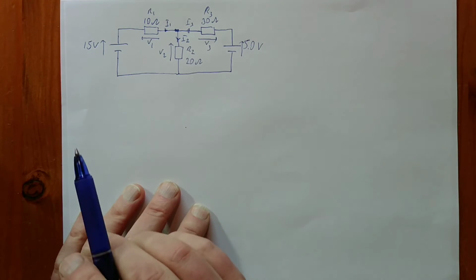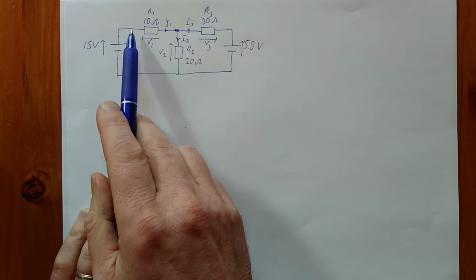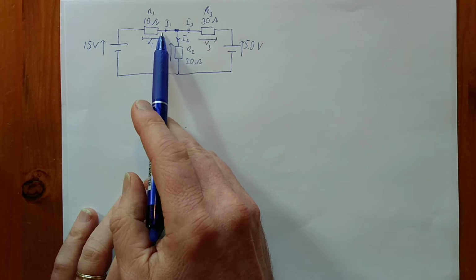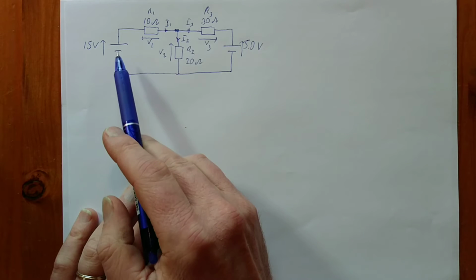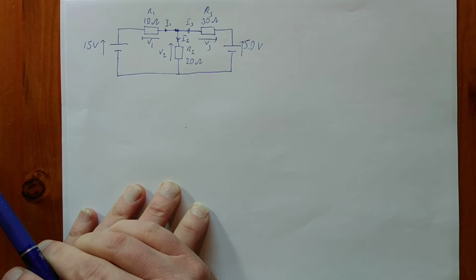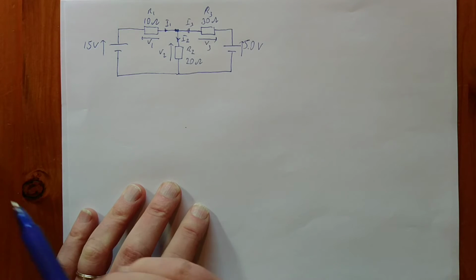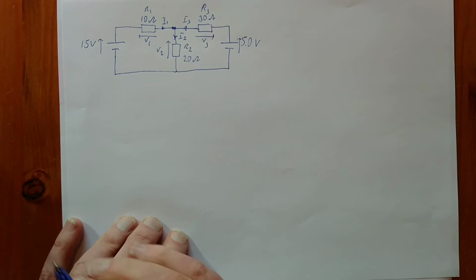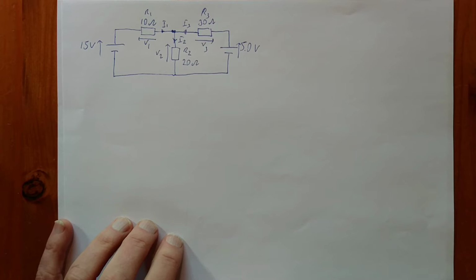As you can see here, the current will go in the opposite direction across the voltage over the component, but in the same direction over a cell.